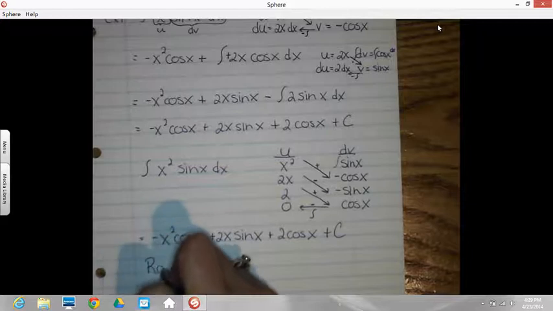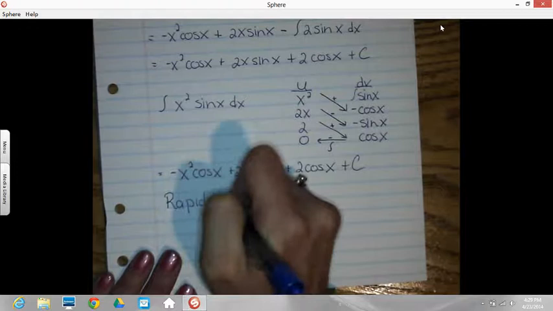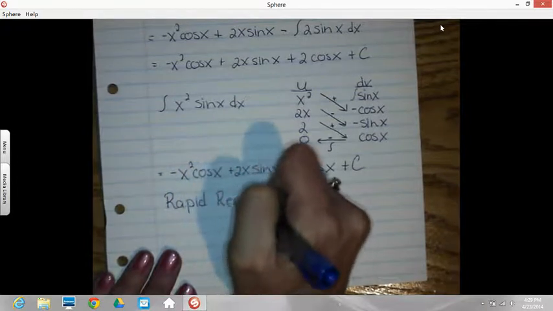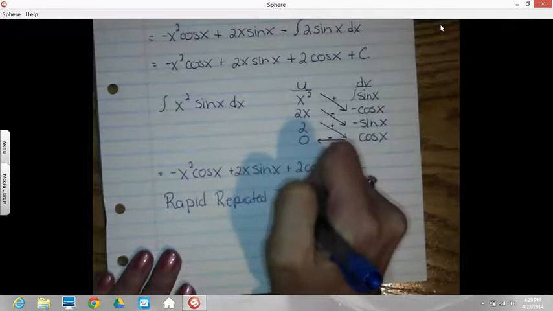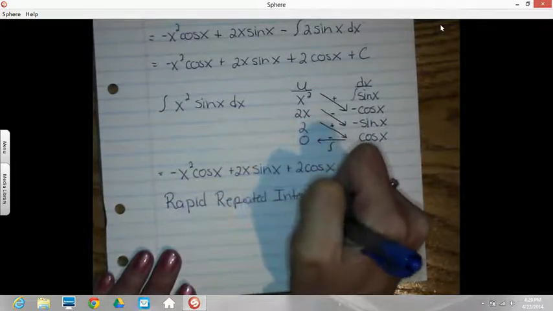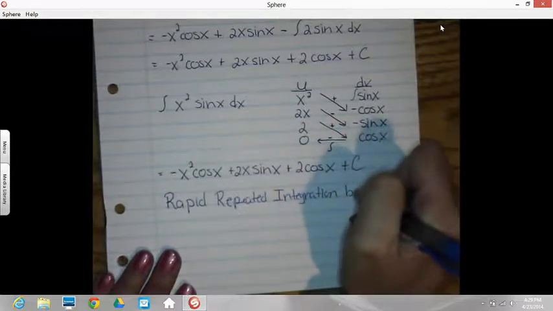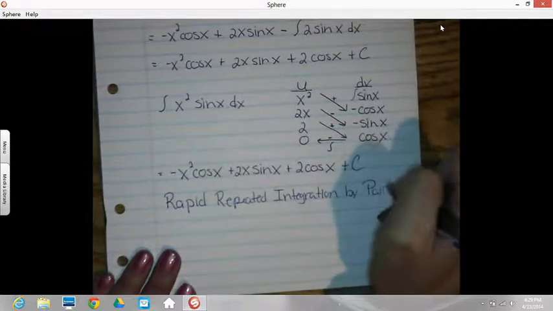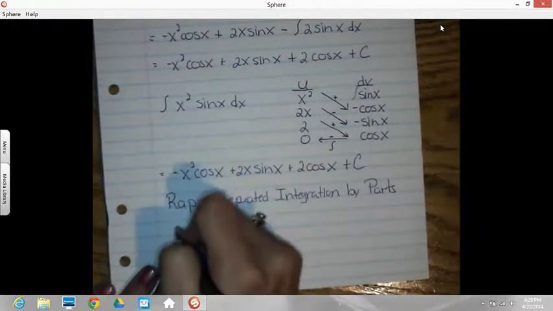Rapid repeated integration by parts. What you're going to do is use two columns.